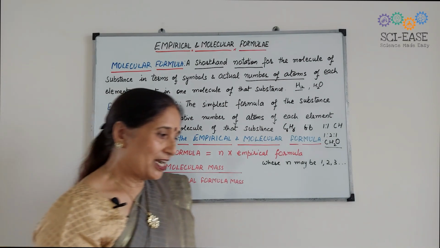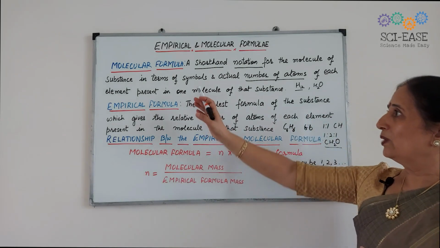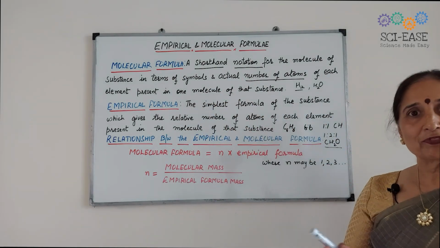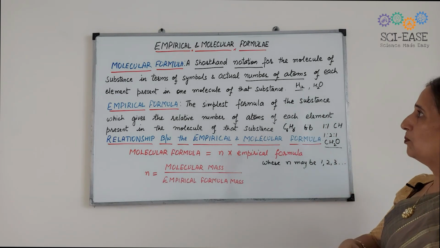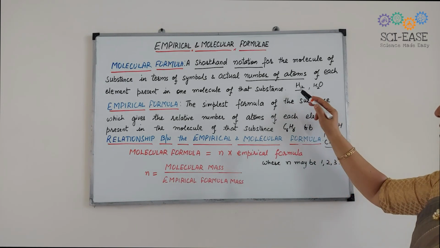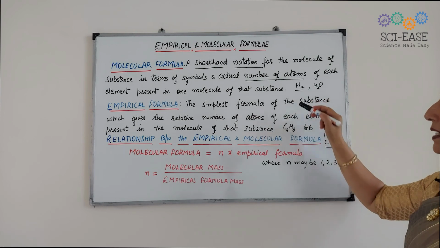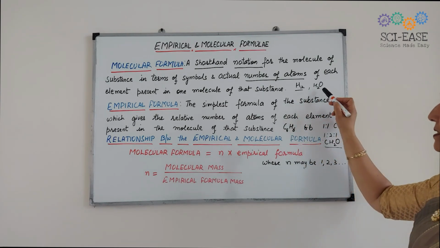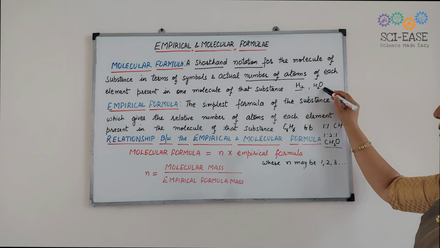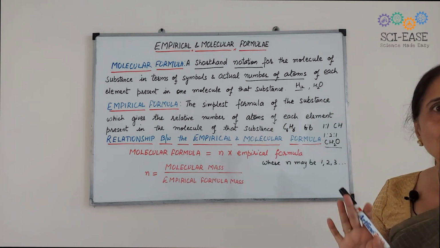Now come to the molecular mass of the molecular formula. When we calculate the molecular mass for water, it will come out to be 2 plus 16, that is equal to 18.